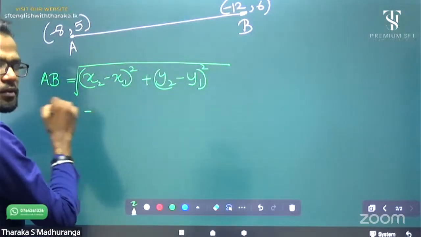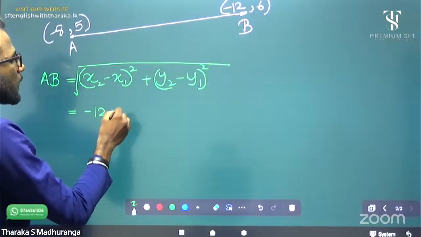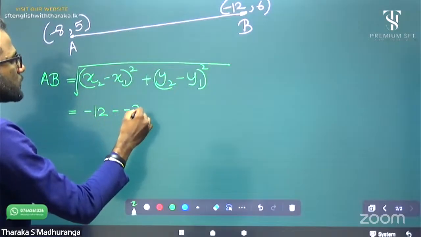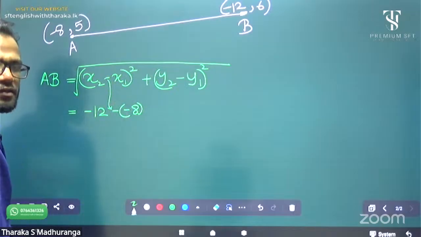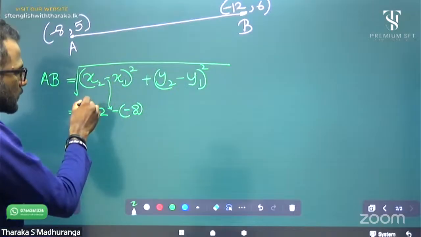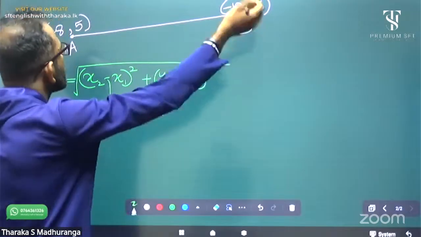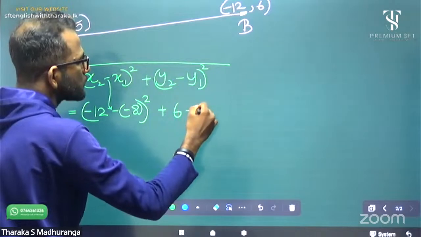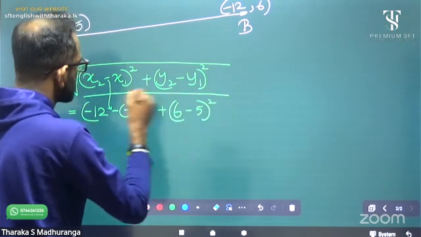Very important. Minus 12 minus 8. This is the equation. Squared, plus y2 minus y1, 6 minus 5, squared, square root.